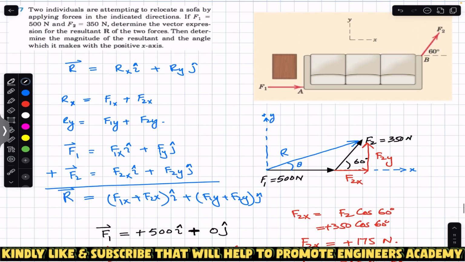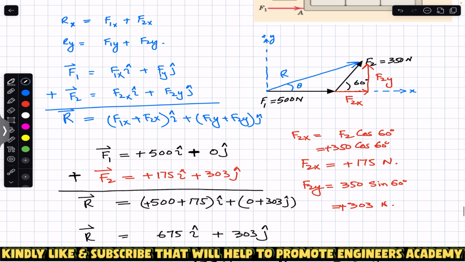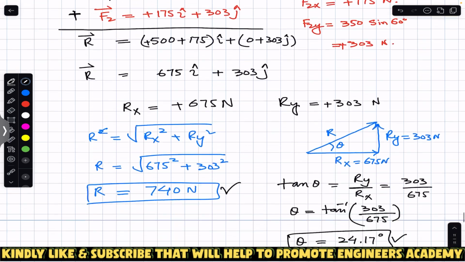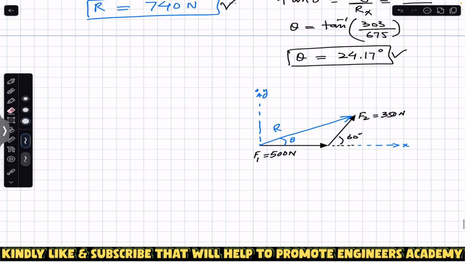Now there is another method to find the resultant magnitude and its angle with the horizontal. And that method, you guys can see, is by using the geometrical method. Now as you guys can see, F2 is making a 60-degree angle with the horizontal. This is 60, so the whole angle is 180, so this angle is 120.